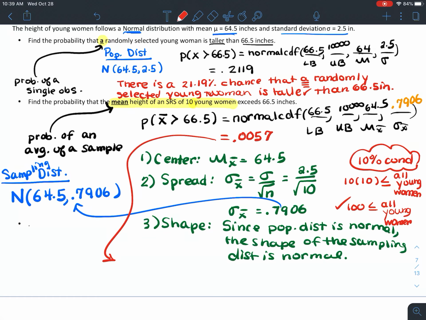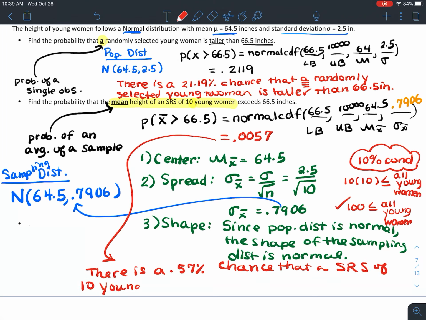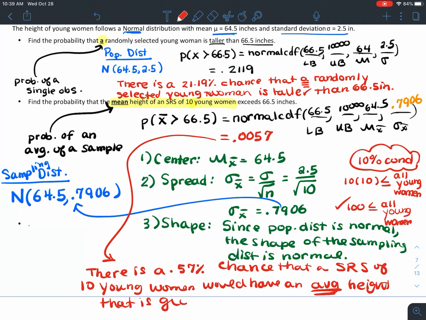0.0057. So for me to write an interpretation for this, I'm going to say there is only a 0.57% chance that a simple random sample of 10 young women would have, and this is important, would have an average height that is greater than 66.5 inches.